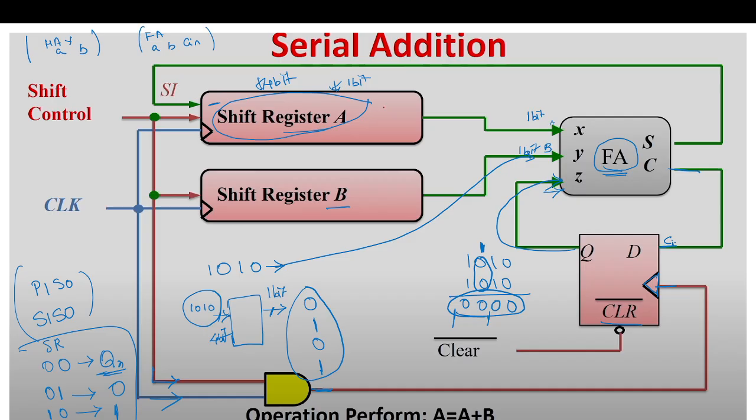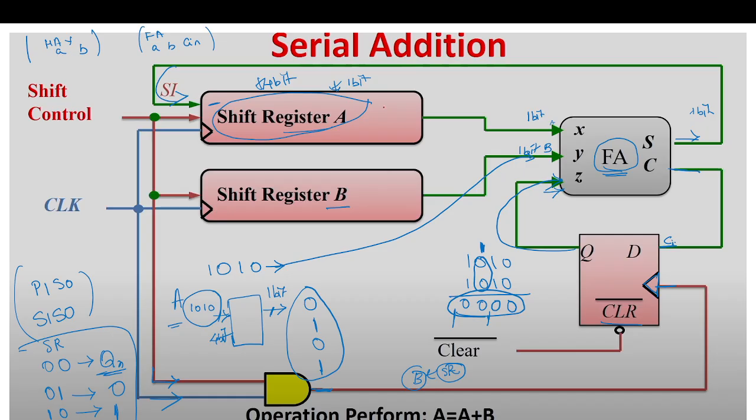Why two shift registers? Okay, we wanted this data, say which is A. Then for B, we need another shift register. And the output is coming 1 bit at a time. And if the output is also a 4-bit output, or if you want to store and see all the output together somewhere, then again we can shift in here so that we can reuse this A register to store the output also.